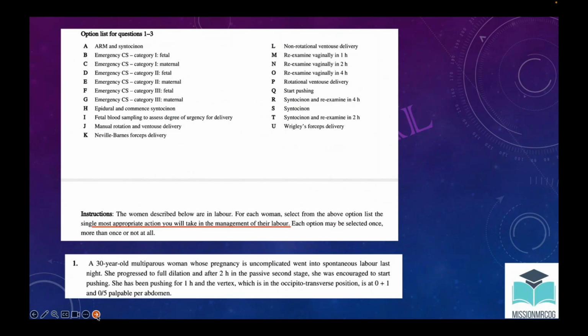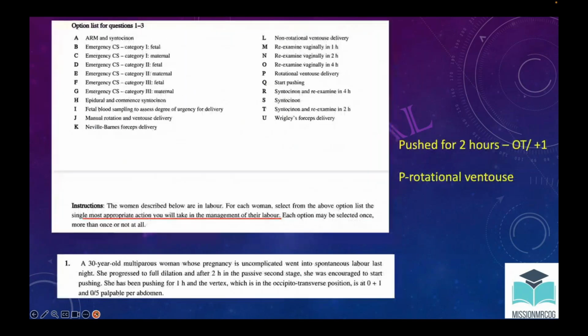So if the conditions are favorable, first will be rotational ventouse delivery. Or if you have a caput or something like that, and you think the cup would fall, that time most probably it will be rotational forceps, and manual rotation is the least used method.